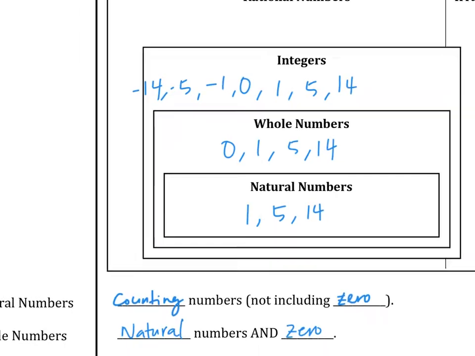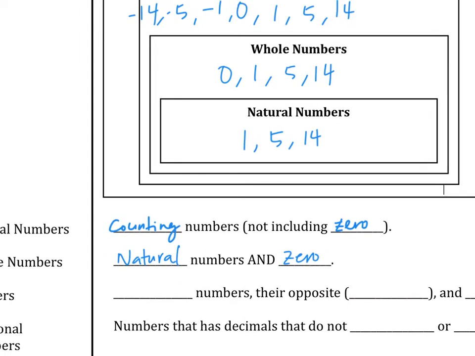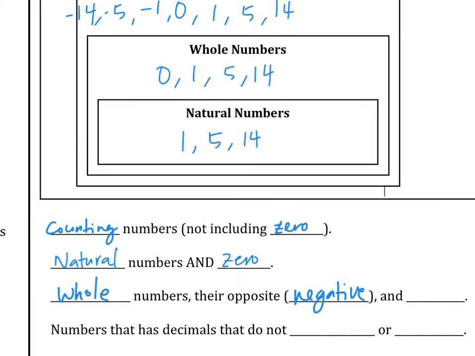So this is our family of numbers. If you go down to integers, it's going to be all the whole numbers and the opposite, and when we say opposite, we mean negative. And then just a reminder that 0 is also in here. So that's integers.